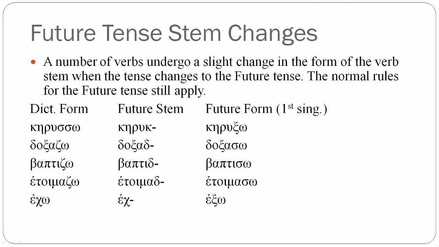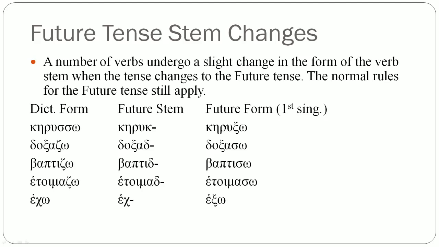And so the future form of echo, I have or I hold, is hexo. All right, hexo with the rough breathing mark. Now this is I will have or I will hold. Hexo. So yeah, be careful of that one. Okay, if you're reading along and you see this form, why does it have a rough breathing mark?